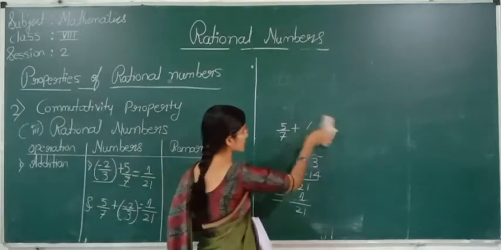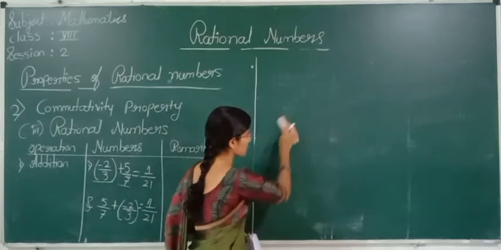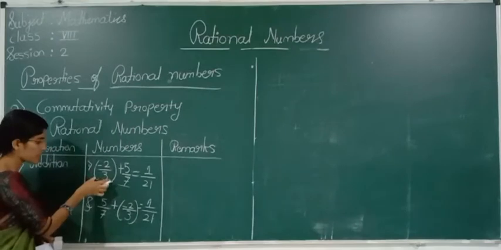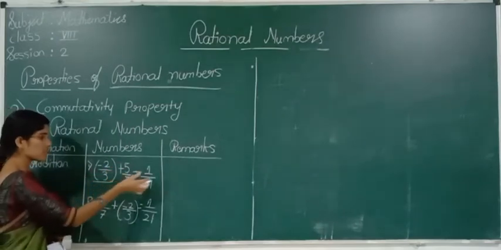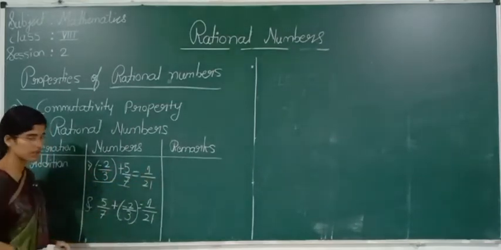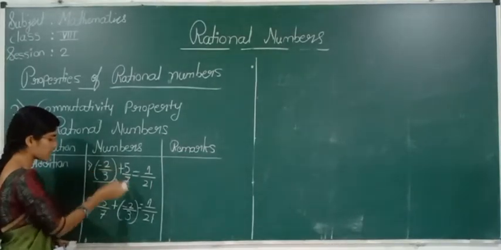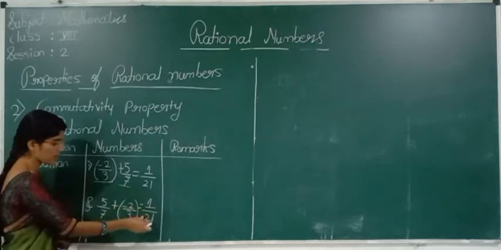Tell me students, what we can tell. See here, minus 2 divided by 3 plus 5 divided by 7, the answer is 1 by 21. And 5 by 7 plus minus 2 divided by 3 is 1 by 21.